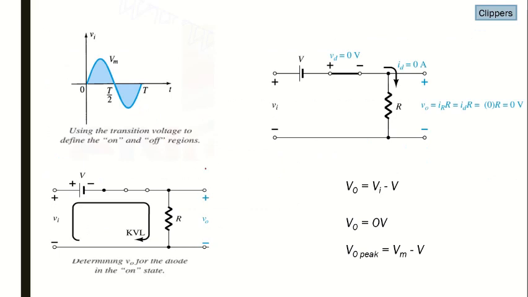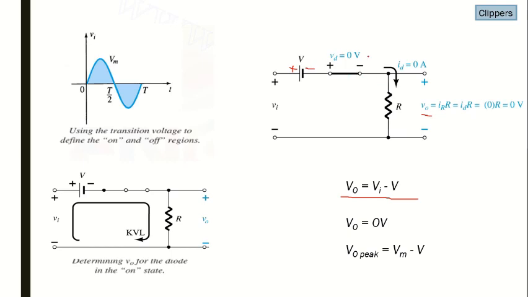So this is what we have done earlier, that output potential is equal to input minus drop, which is V. If we reverse the battery, then it will be Vi plus V. So output potential, there is no drop here.